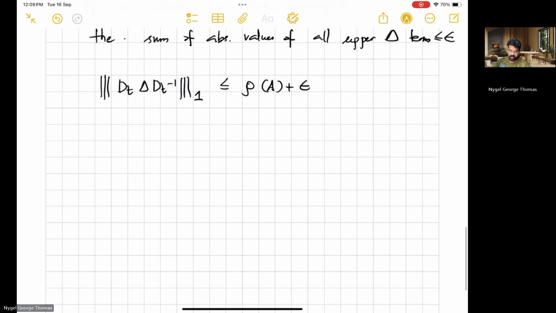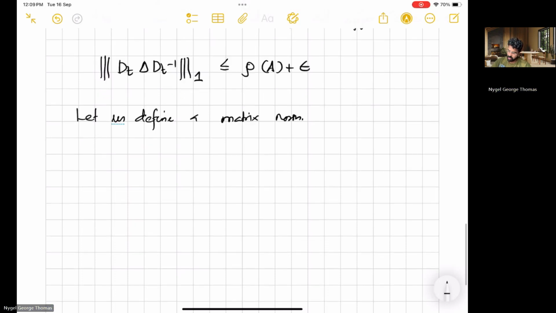Fine. Now, let's define a matrix norm of B in a fashion similar to what we discussed for the similarity norm.